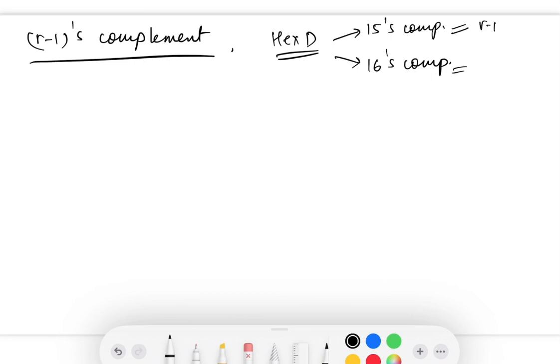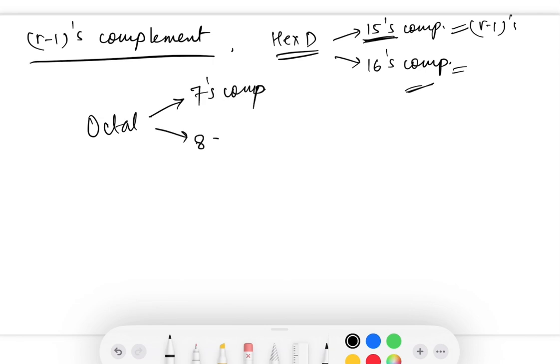So what you need to do is subtract each digit from F and add 1 to it, and you will get 16's complement. Similarly, in octal, there are two complements, 7's complement and 8's complement. To calculate 7's complement, subtract each digit from 7 and add 1 to get 8's complement. It's as simple as that.